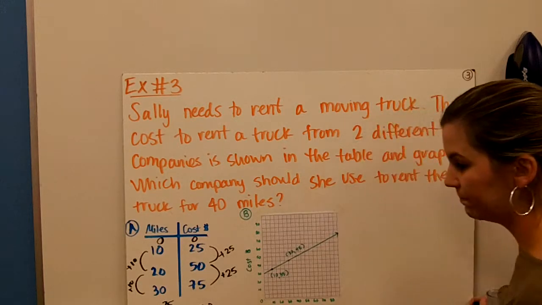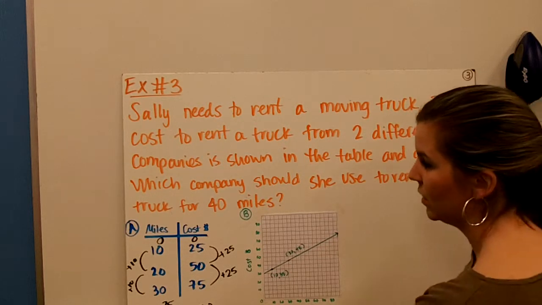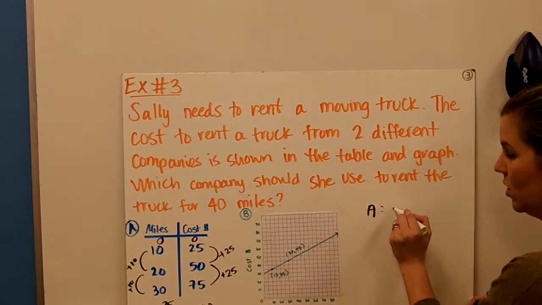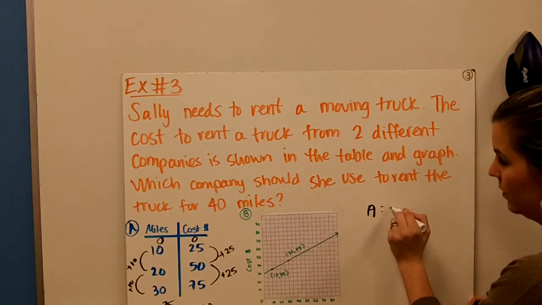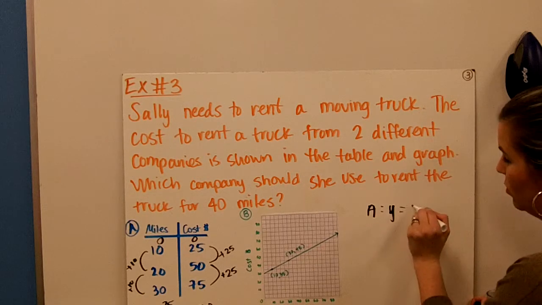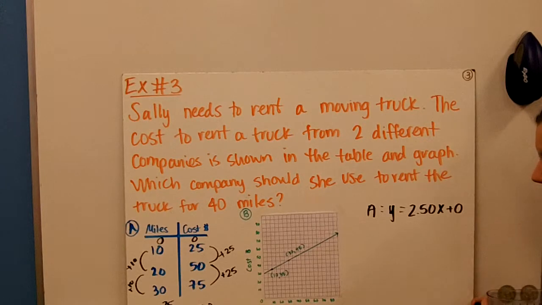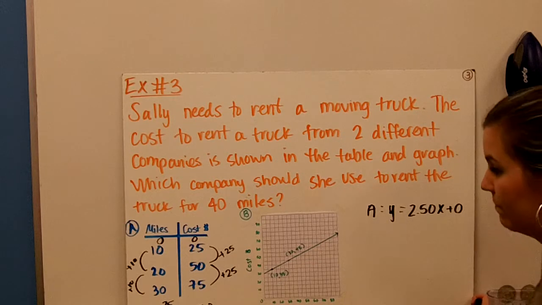B equals 0. All right, so I can write an equation for company A. Y equals $2.50x plus 0. My cost is equal to $2.50 per every mile plus no initial fee.